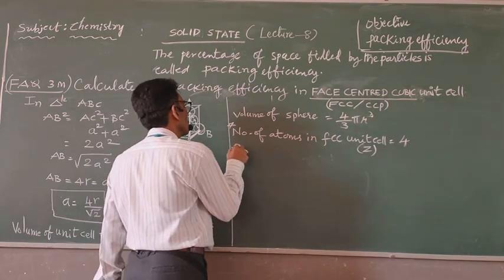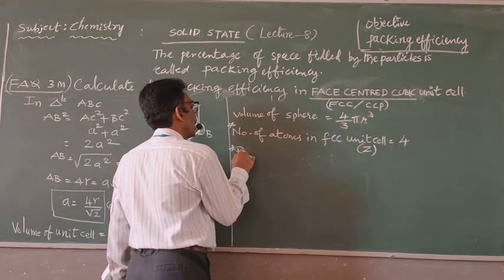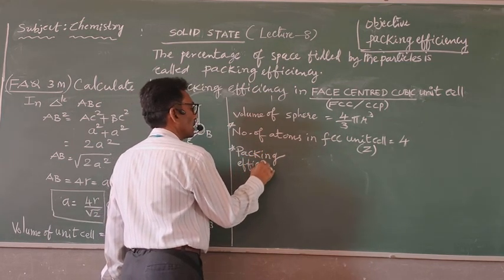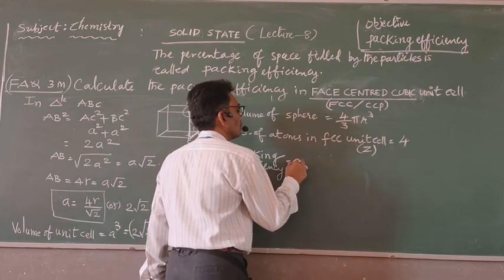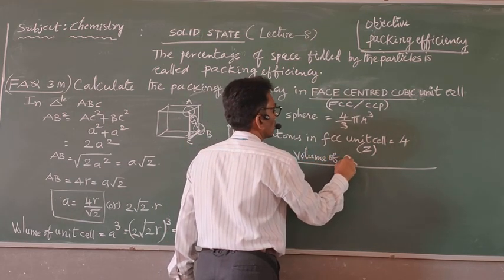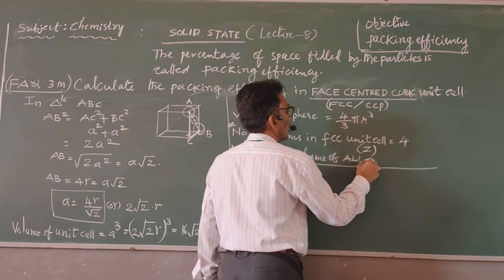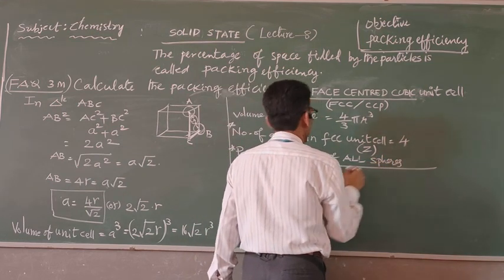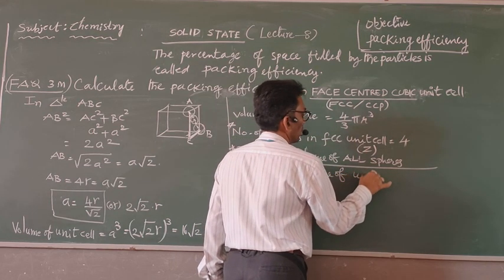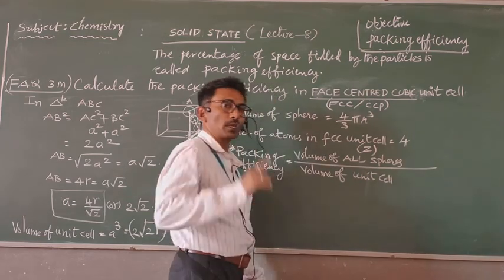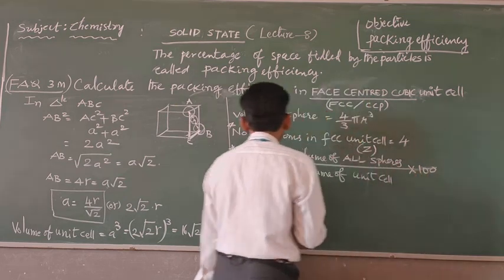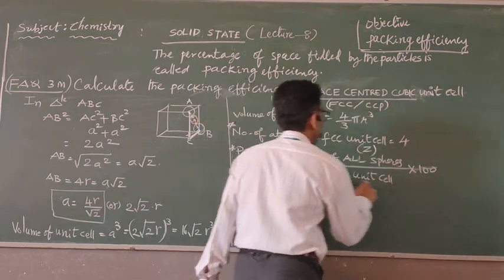Then the important one is the formula. That is, packing efficiency is equal to volume of all spheres. How many spheres? 4. All spheres over volume of unit cell, all spheres in the unit cell, not in the entire crystal, multiplied by 100. Next is substitution.